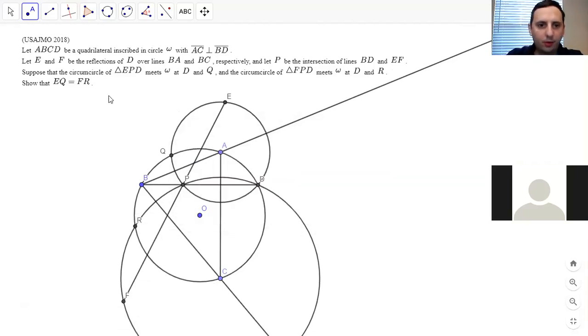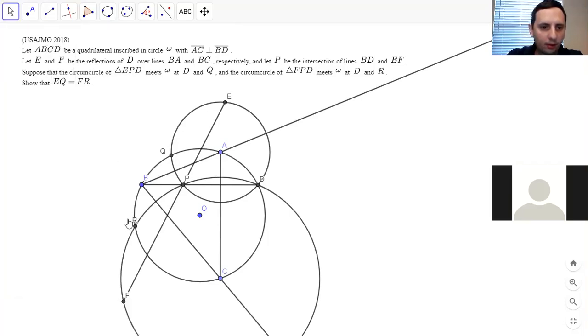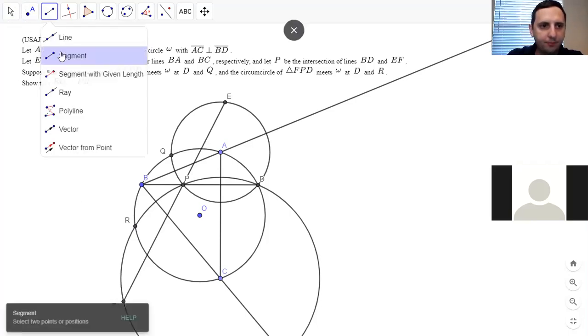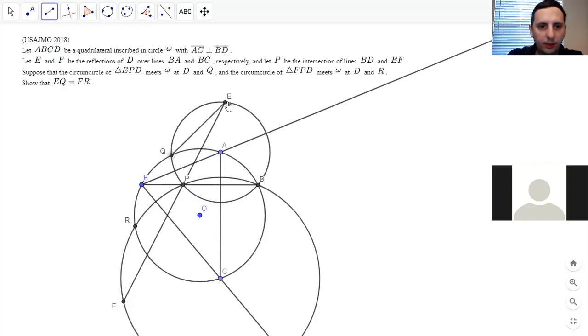So whenever you have equality of segments, I often think about congruent triangles. So maybe we can find some congruent triangles. I want to show EQ equals FR. And I wonder, is this an isosceles trapezoid?